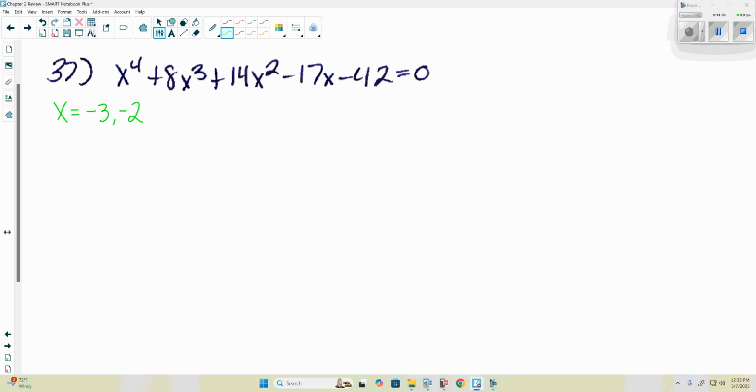So to find the rest, the first thing we have to do is synthetic division, because each time we divide by a solution, we decrease the degree by 1. 1 for x to the fourth, 8 for x to the third, 14 for x squared, negative 17 for x, and negative 42.